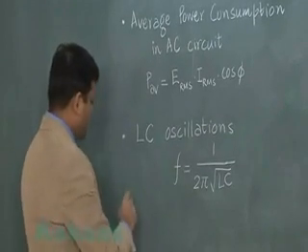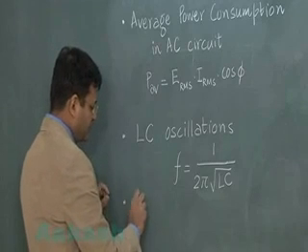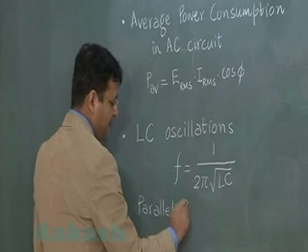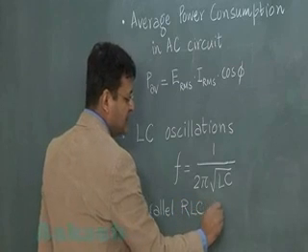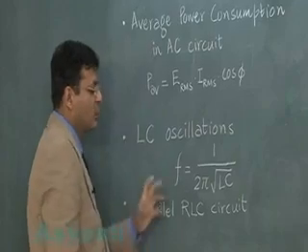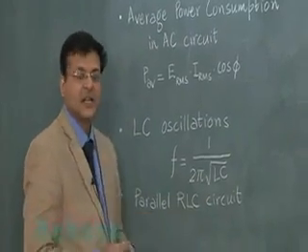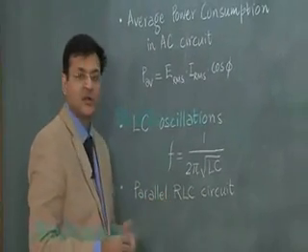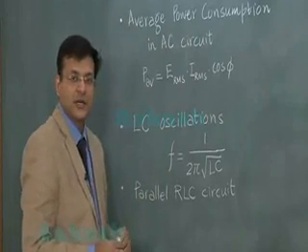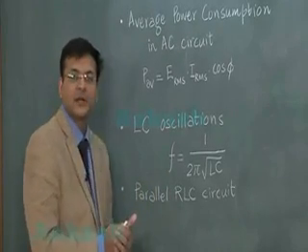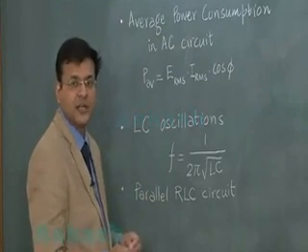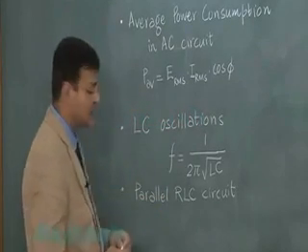Then we talked about the parallel RLC circuit, which is of low profile status, in the sense that very few questions are now asked based on resonance etc. of the parallel RLC circuit. This was also called a rejector circuit, because at that particular resonance condition of this parallel circuit the current flowing into the circuit was minimum, and that was rejected, you can say.